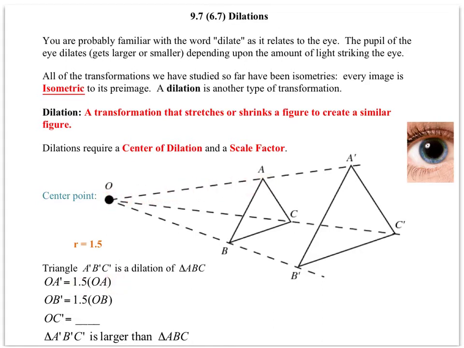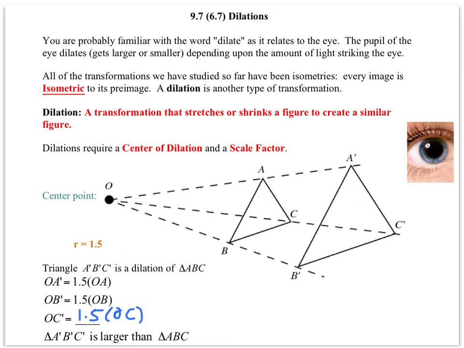So OA times 1.5 gives us the new length OA prime, which is represented down here. OA prime is equal to 1.5 times OA. Similarly, 1.5 times the distance OB is going to give you the larger distance OB prime. And then finally, OC prime is 1.5 times the distance of OC.